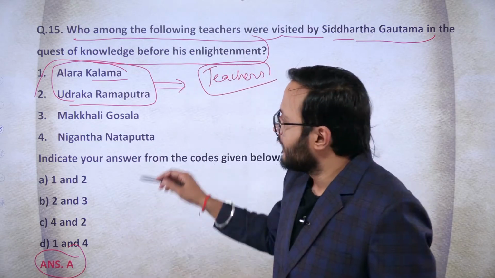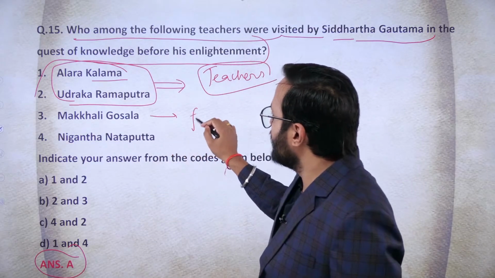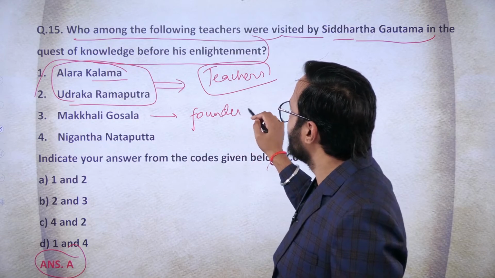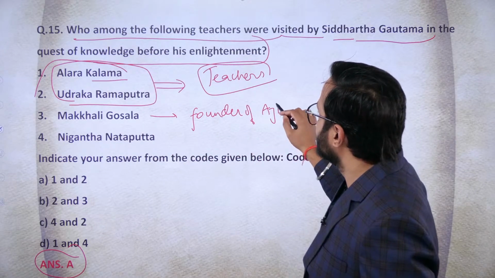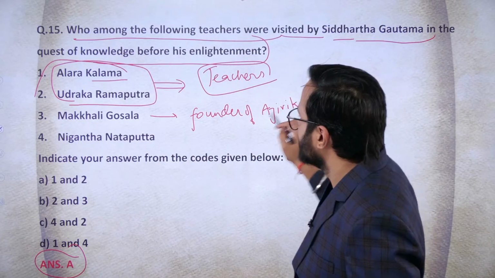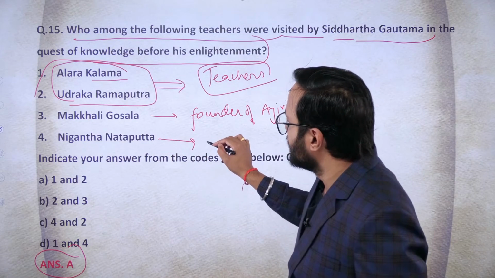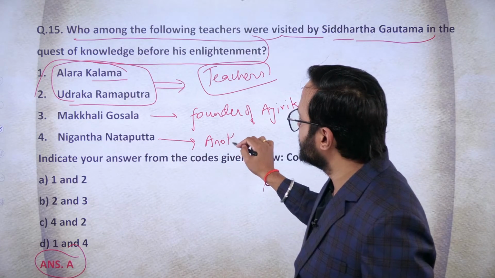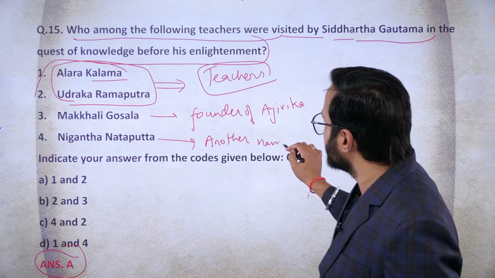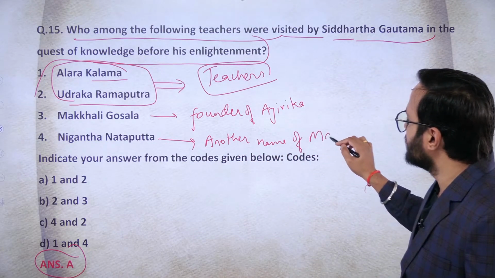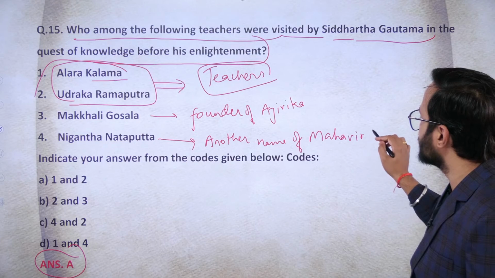However, Makkhali Gosala, the founder of Ajivika, and Niganthanath Putta, another name of Mahavira Swami.